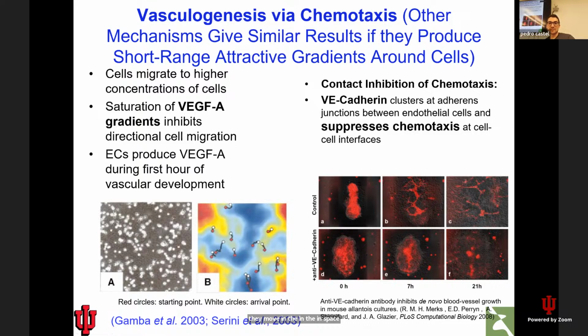An important consideration here in this model is contact inhibition. Contact inhibition is basically once an endothelial cell connects with the tissue, the adhesions between the cells inhibit chemotaxis. So once they form a filament, the cells in the filament stop pushing one another inside this blob as if they were still migrating.